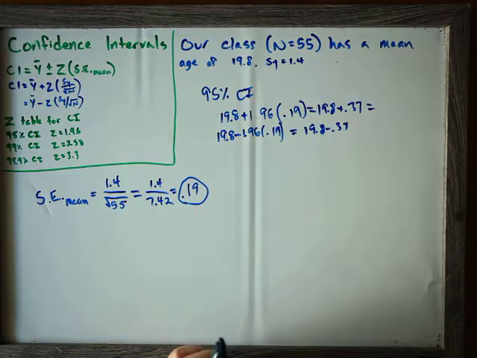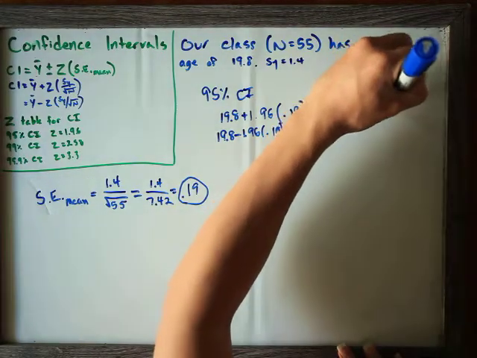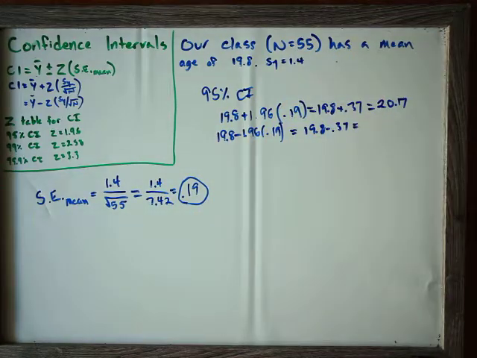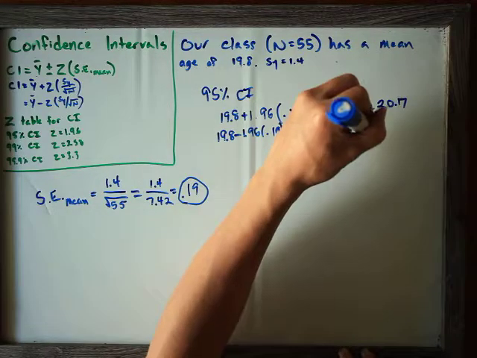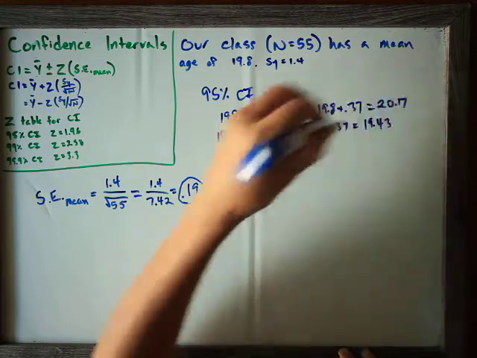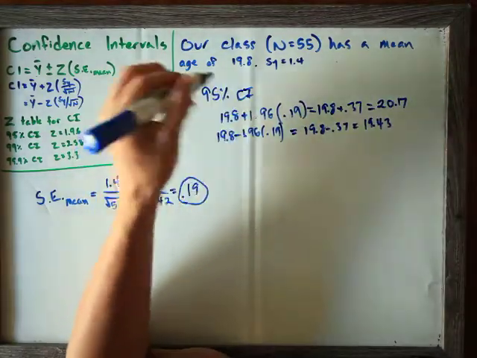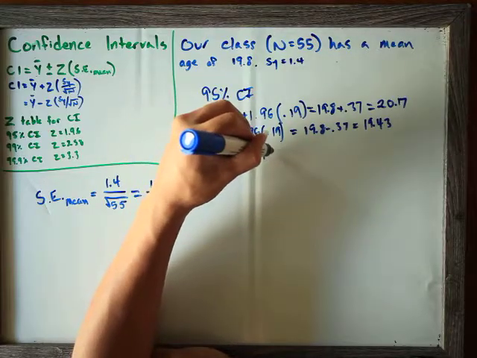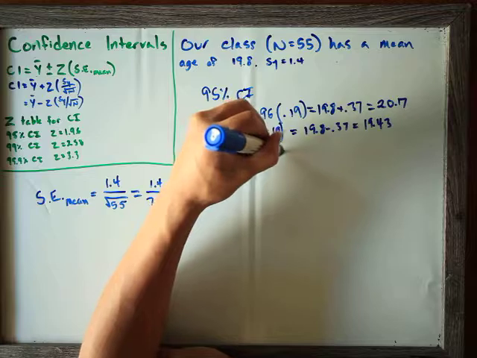Our upper bound is going to be 20.17, and our lower bound is going to be 19.43.